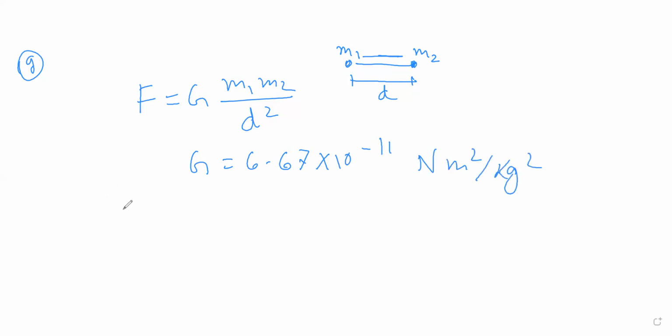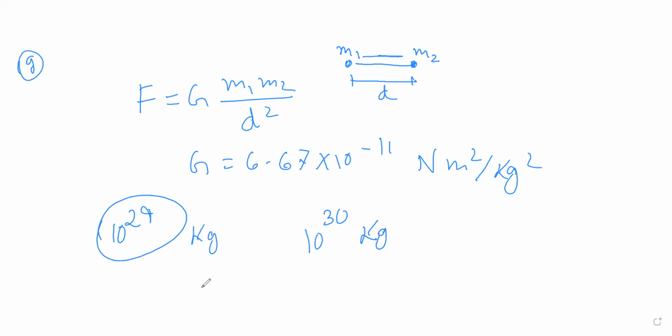Now, suppose we have an object with a mass of 10 to the power 24 kilograms, and another planet with a mass of 10 to the power 30 kilograms, and the distance is 8.9 into 10 to the power 12 meter.